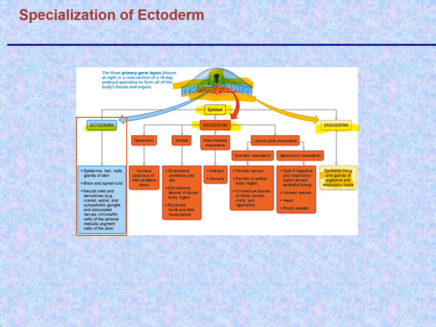The ectoderm is the ecto meaning outside. Ectoderm leads to the epidermis, but also parts of the nervous system, the brain, the spinal cord, certain cells associated with that. And everything else comes from the mesoderm.